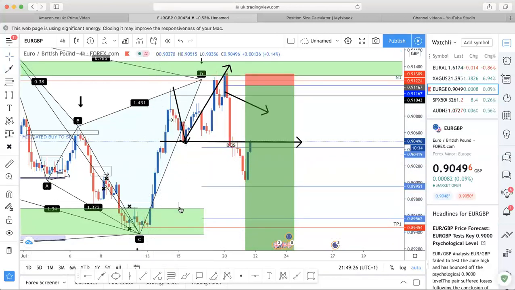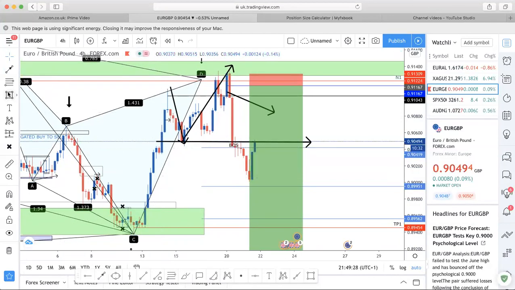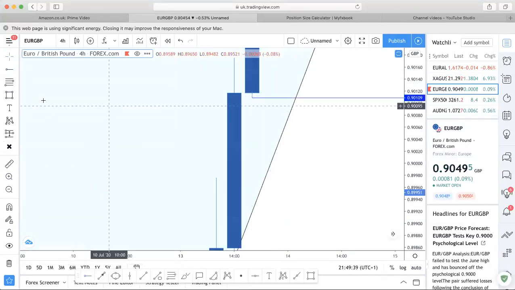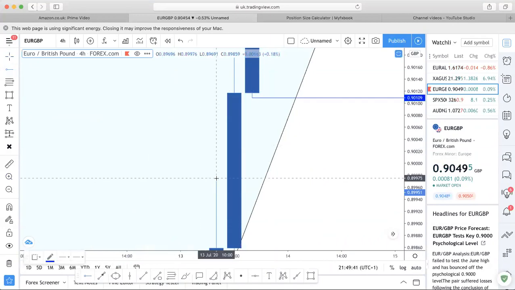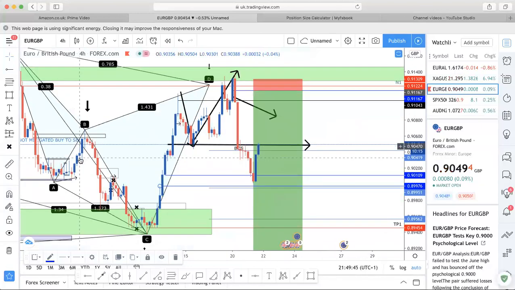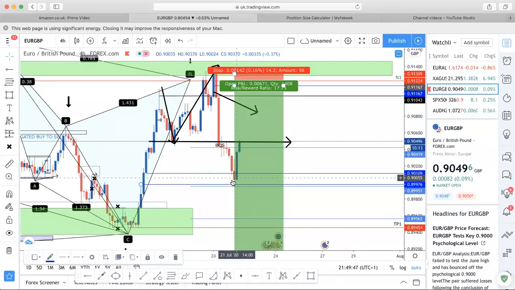Look at the imbalance right here. Let's make it big. Look at the imbalance right here, guys. This wick not touching that wick. And look at where price came: straight inside the imbalance, and it's reversing. This is what I'm talking about.